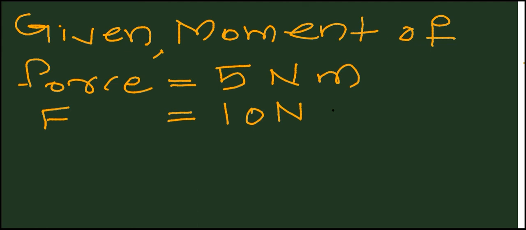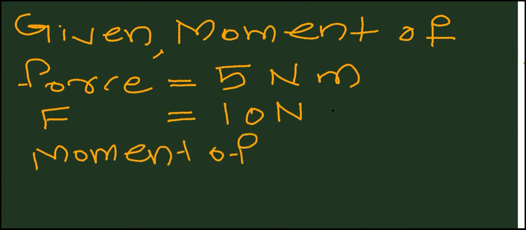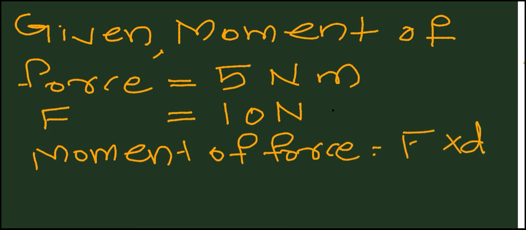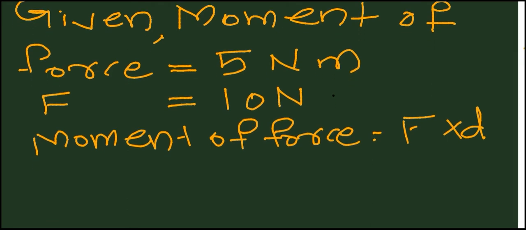Now, what is the equation to find out moment of force? We know that the equation to find moment of force is F into D. So, we can substitute these values directly here.